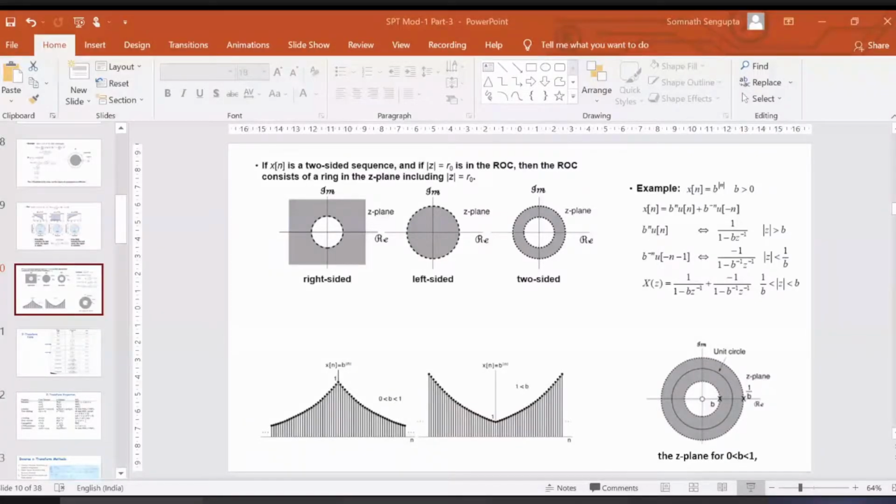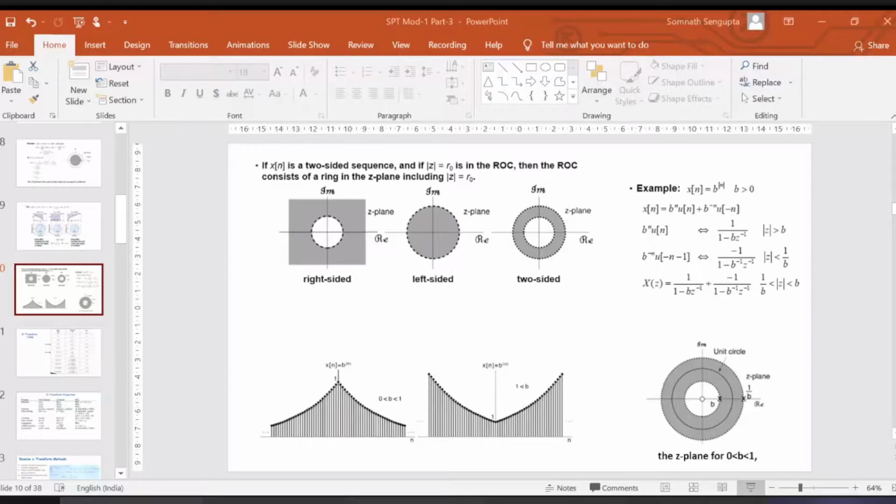So we plot this signal and get two cases, b less than 1 and b greater than 1. Now for these two cases, what is the Z transform? For b to the power n u[n], it is 1 by 1 minus b z inverse, because it is simply a step sequence.